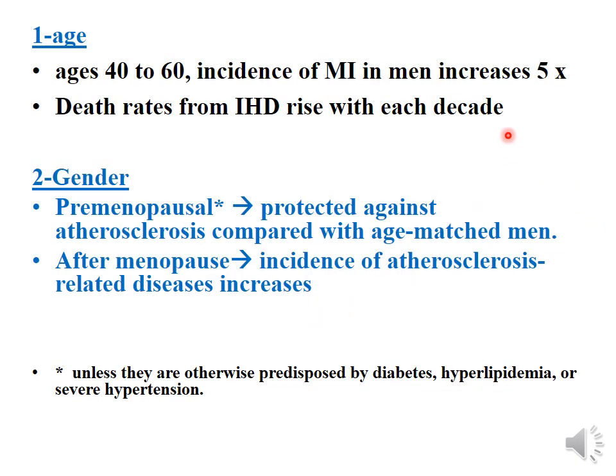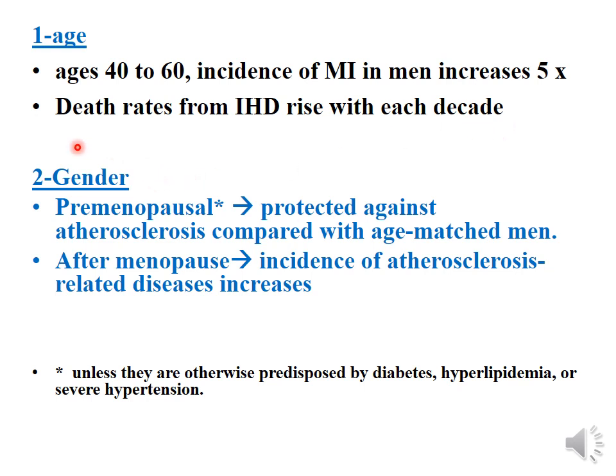So again, looking at the major non-modifiable risk factors, we will find that increasing age by itself is a considerably significant risk factor. It was found that between the ages of 40 and 60, the incidence of myocardial infarction as a complication of atherosclerosis in men increases 5-fold, and the death rates from ischemic heart disease, which is a major complication of atherosclerosis, rise with each decade.